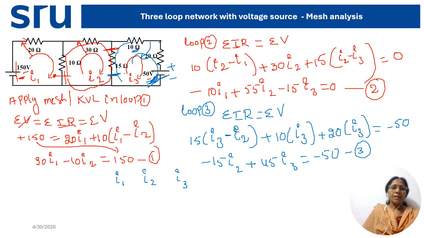Okay, and the constants are voltages. So here I am writing constant or voltages. Let me take another color. This is I1, I2, I3. Okay, and constant.